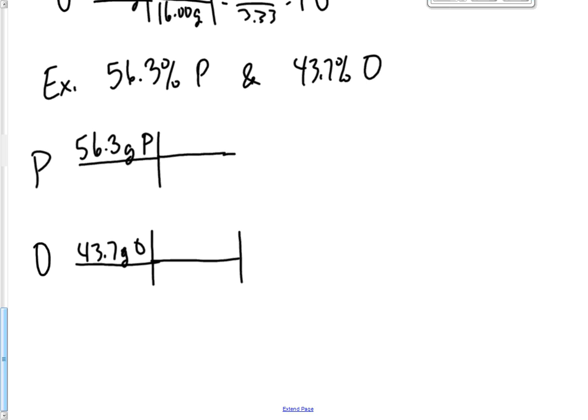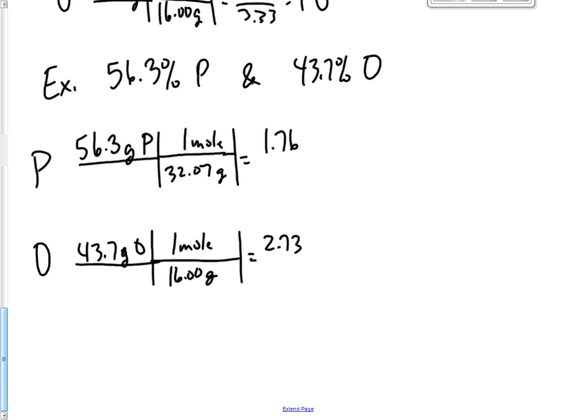Step 2, convert them into moles. So using your periodic table, you have 32.07 grams per mole of phosphorus and 16 grams per mole of oxygen. Divide those out and you get 1.76 and 2.73.